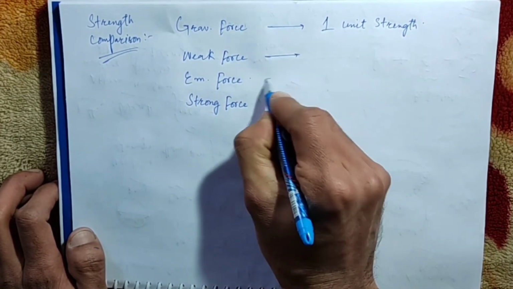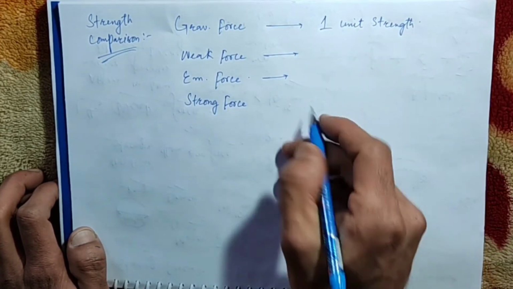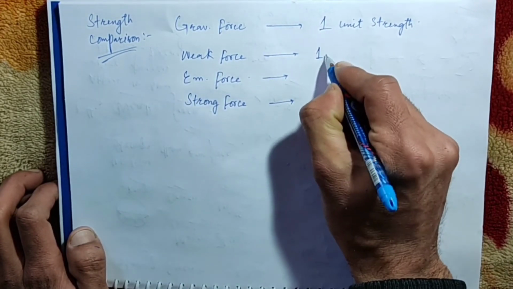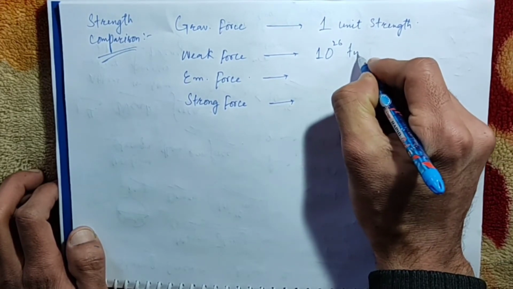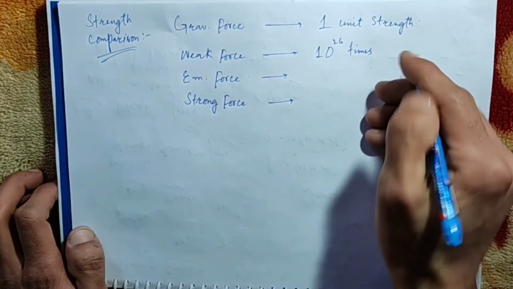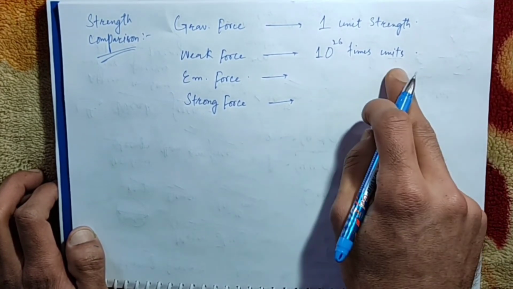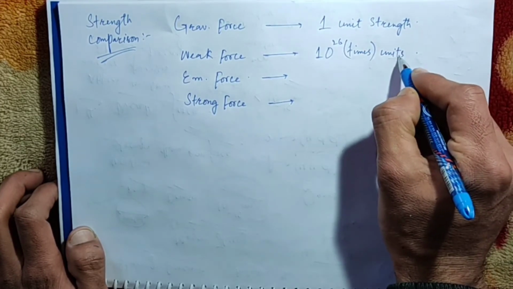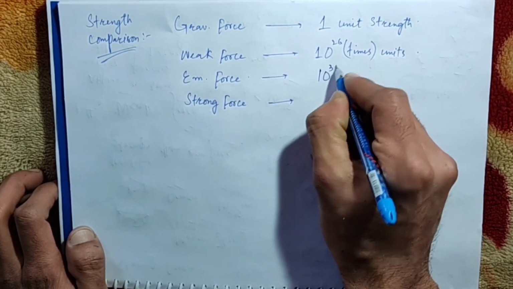What is the magnitude with respect to gravitational force? Because the gravitational force, I put it as 1 unit strength. The weak force is 10 to the power 26 times stronger than gravitational force. Electromagnetic is 10 to the power 36.